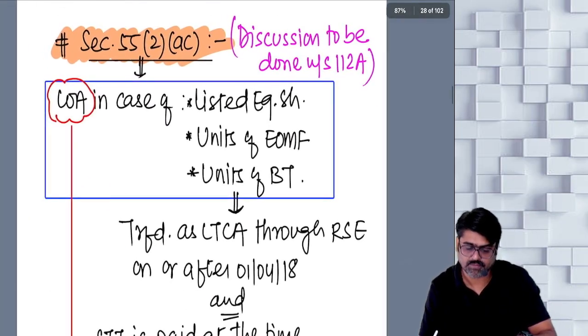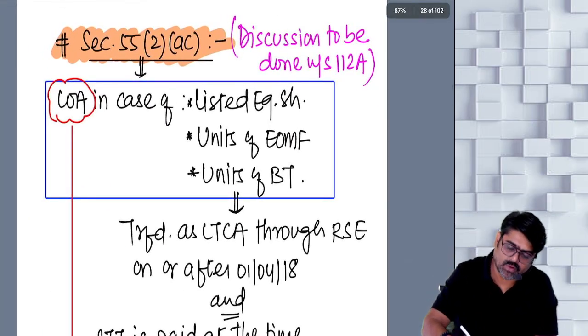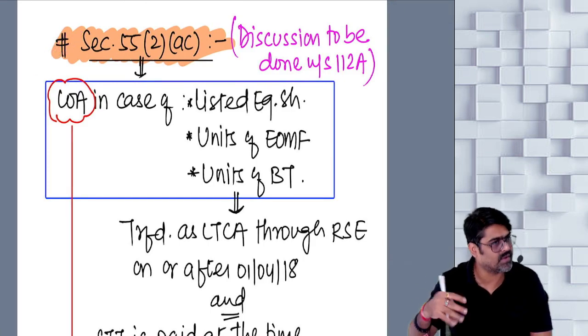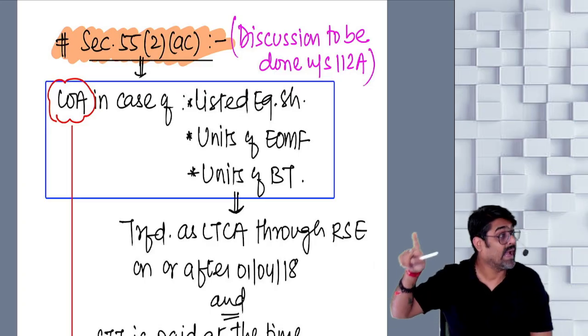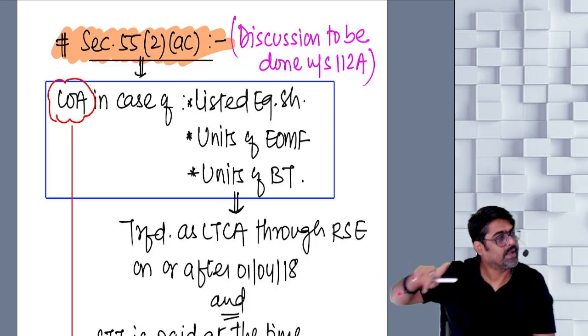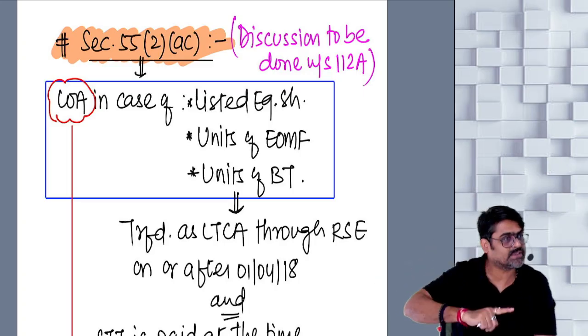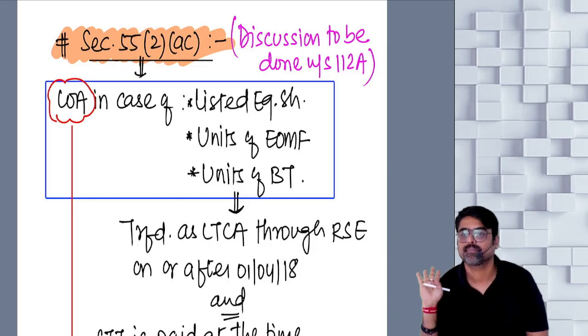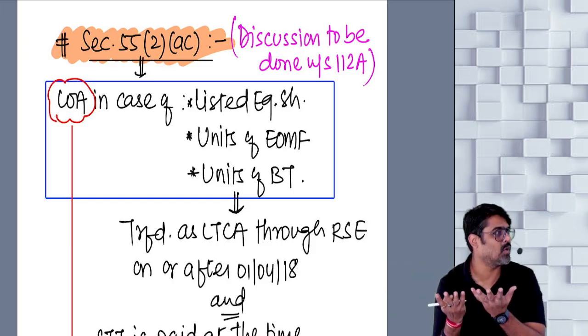We have done everything so far. This section 55 to AC, we are going to do after the discussion of cost of improvement. After the break, I am going to start with this. And this is very, very, very important. In the examination, if you are expecting questions on shares, expect 55 to AC to be there. And this is very interesting also.